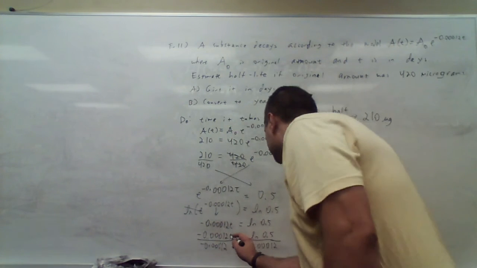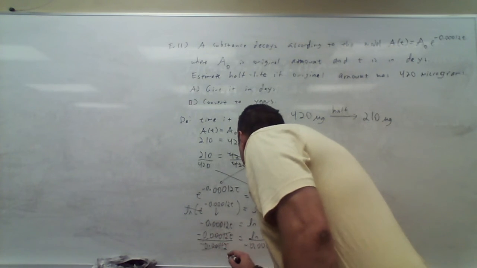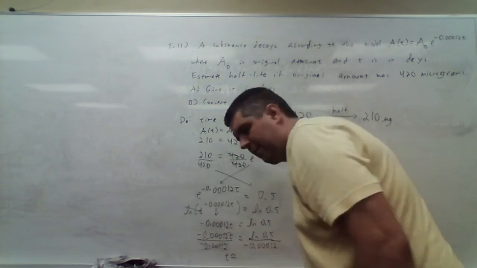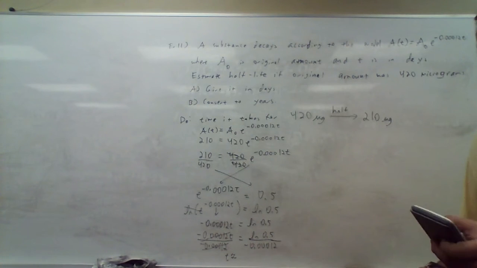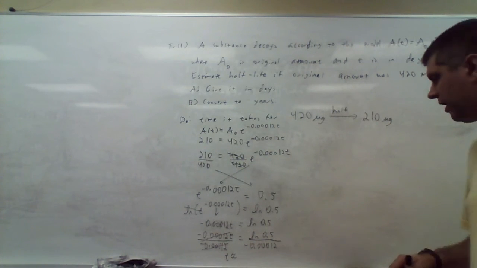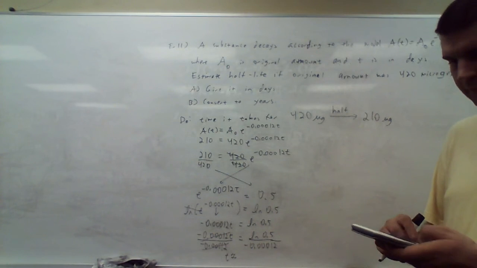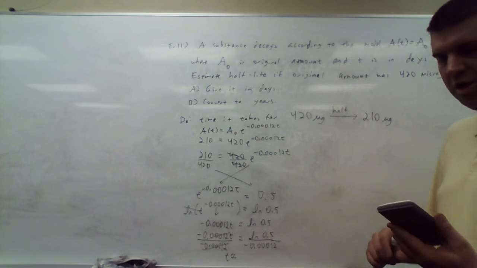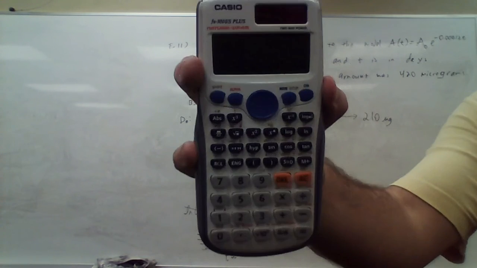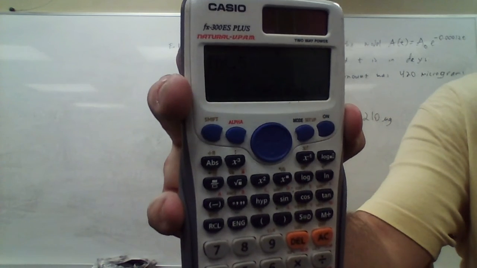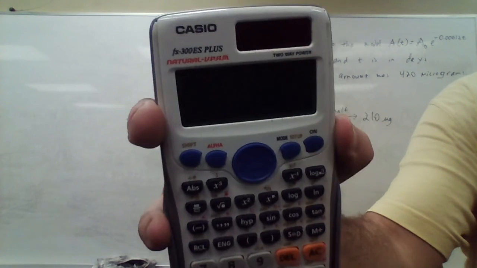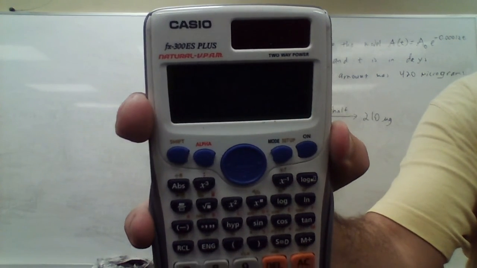So this is going to cancel, and t is approximately... You'll need a calculator for this. You're going to take whatever sequence you do to find the natural log of 0.5. You should have negative 0.69 something, 6931, blah, blah, blah.